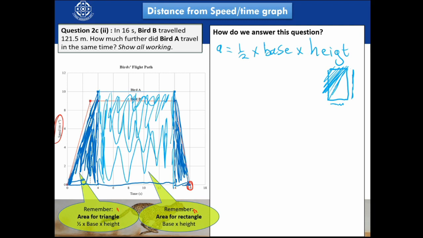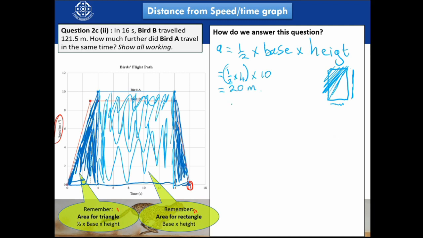So my base is from 4 to 0, so half times 4, and my height is 10, times 10. So 2 times 10 works out to basically 20 meters.